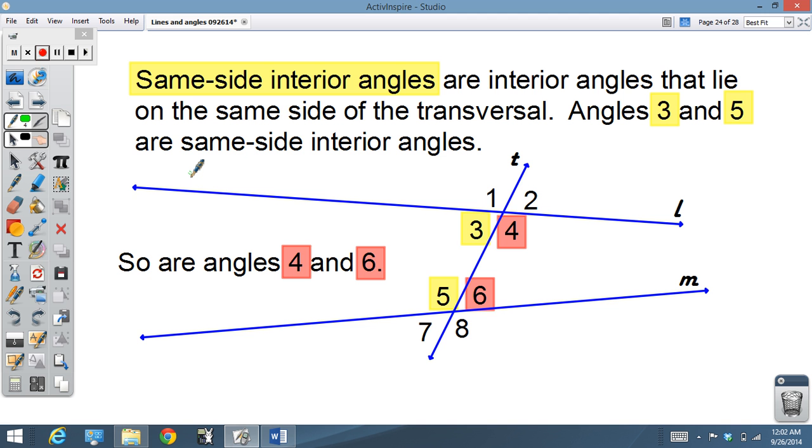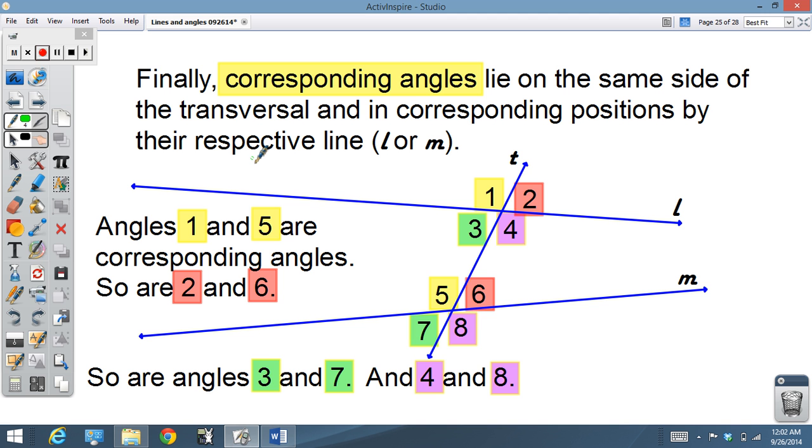Next, same side interior angles are interior angles that lie on the same side of the transversal, like 3 and 5 is one pair, and 4 and 6 is another pair of same side interior angles. And the last one, the fourth one, corresponding angles. They're on the same side of the transversal and in corresponding positions relative to their respective line.